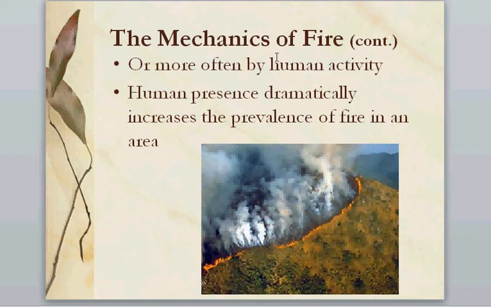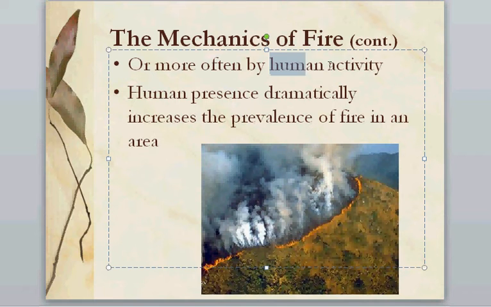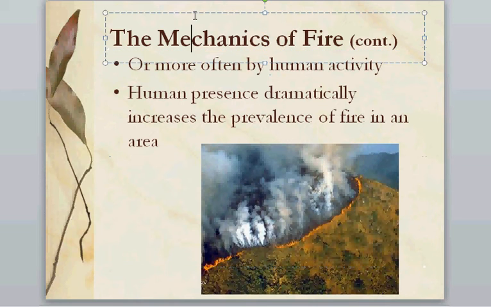Okay? Humans love fire. It is one of their primary tools. So fire is used very often, and humans have learned how to make fire, and they can often carry fire with them.